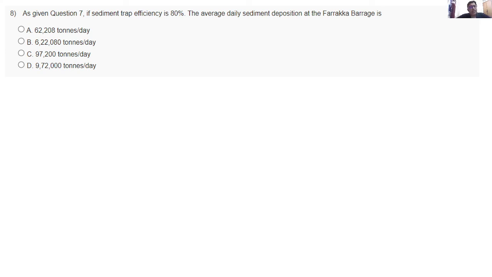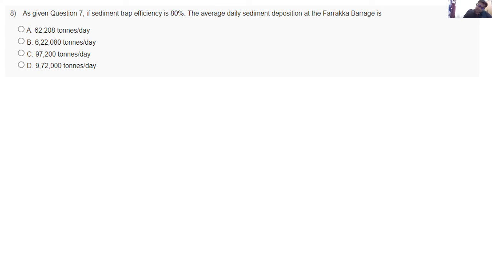This question asks that, as given in question number 7, if sediment trap efficiency is 80%, what is the average daily sediment deposition at the Farakka barrage. Sediment trap efficiency is 80%, so that means that out of X amount of sediment, 0.8 times X will stay in the Farakka barrage itself.